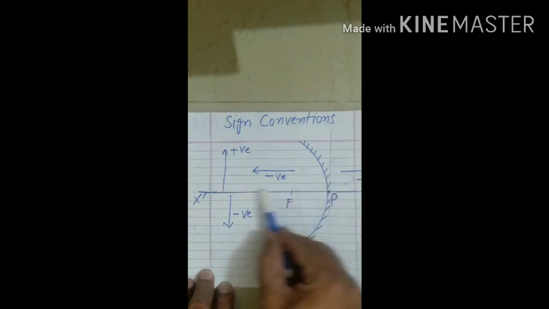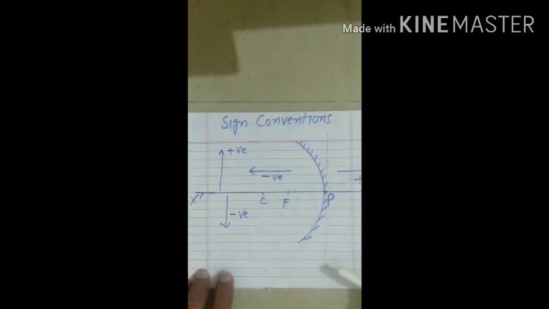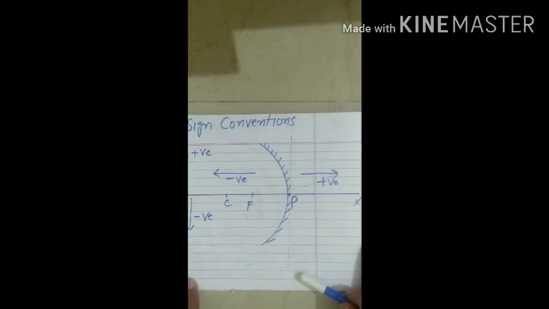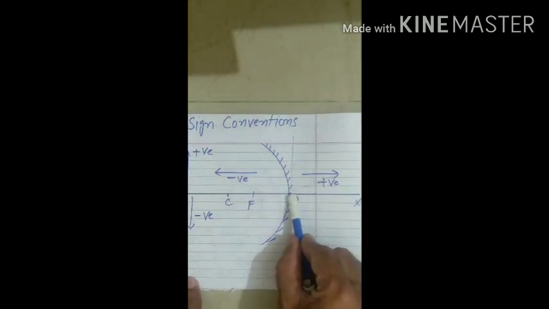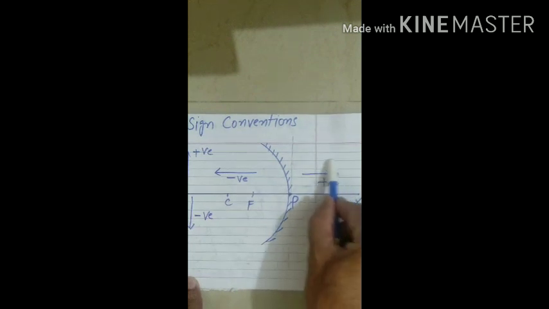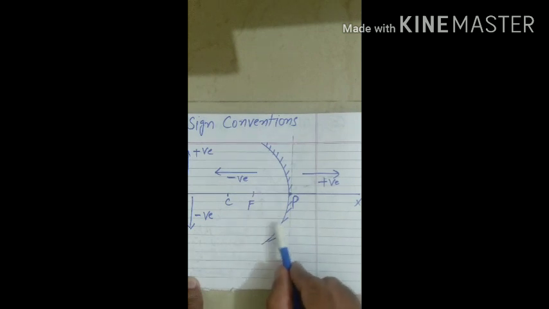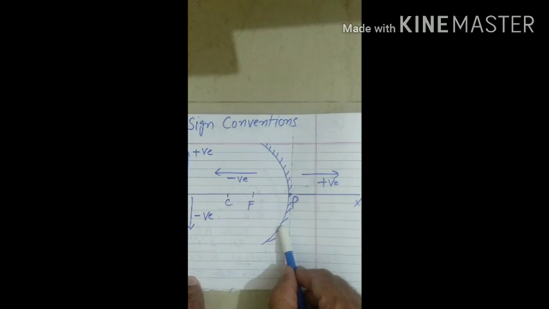And any distance measured in the downward direction, say in case of your real and inverted image, is always negative. Similarly, the distances measured towards the right side are always positive. These points as well as the diagram were already provided to you in the beginning of this lecture.